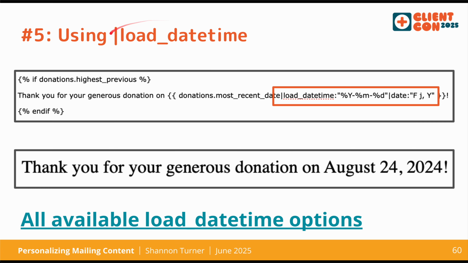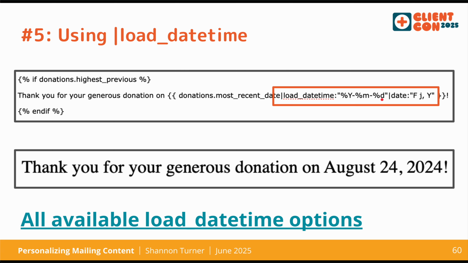This is where the load date time filter comes in. Load date time says, take this text, which is donations.mostRecentDate, load it into the system as a date. And currently the text is in this format: year, month, date.